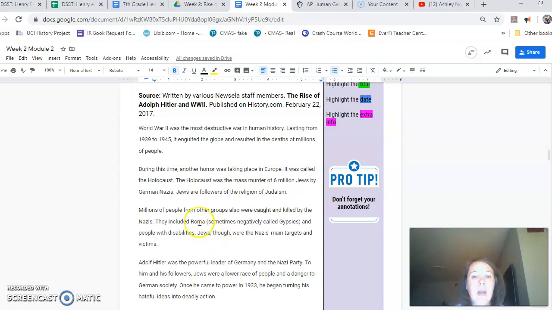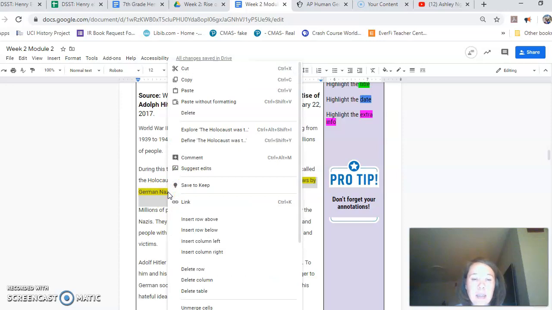As an example, I noticed that the Holocaust was the mass murder of 6 million Jews by German Nazis. I'm going to highlight that. You can put in a comment like this: highlight it, right click, and add a comment.